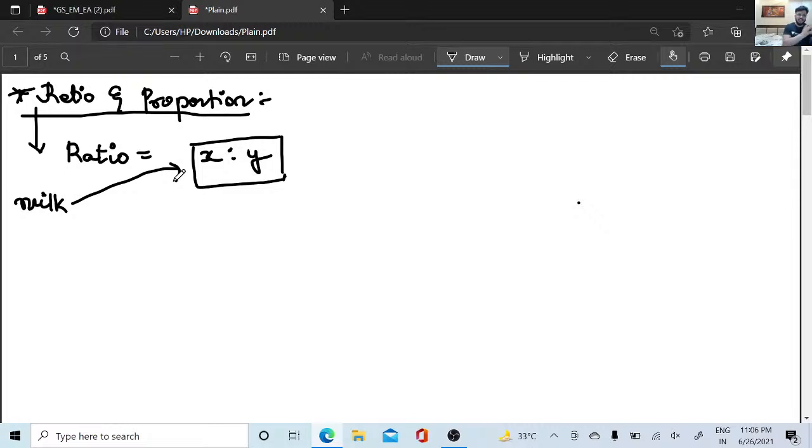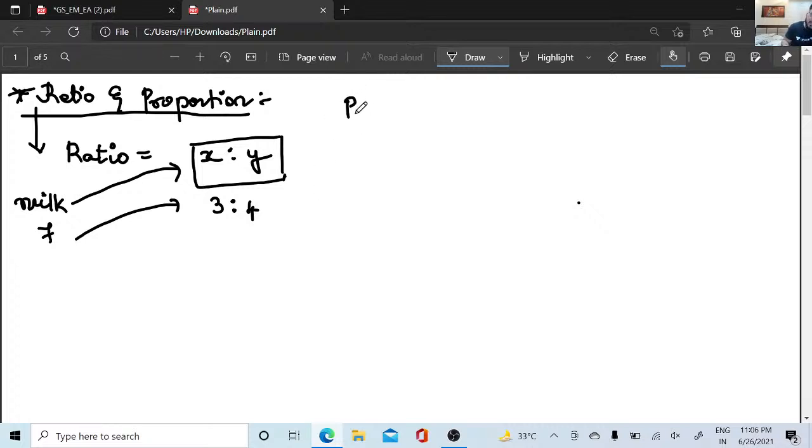There are 7 parts of milk which is divided into 3 is to 4. So there are 3 parts of milk in the 7 parts of milk. One container of milk is divided into 2 different containers. In one container I am putting 3 parts, in the other I am putting 4 parts.